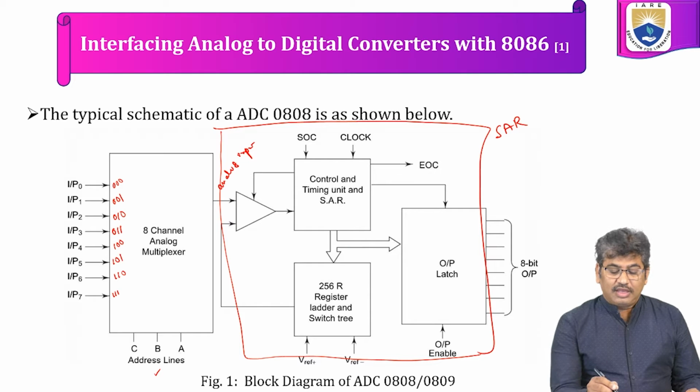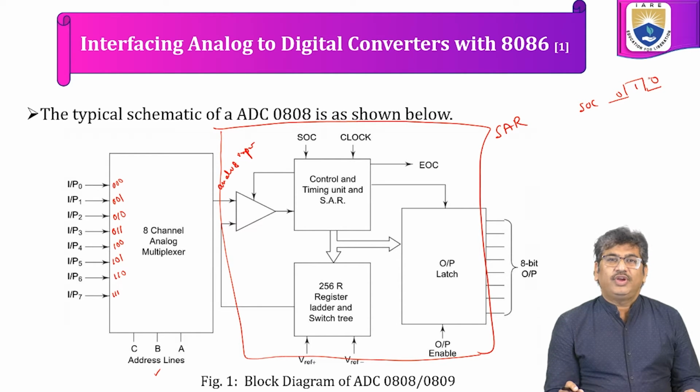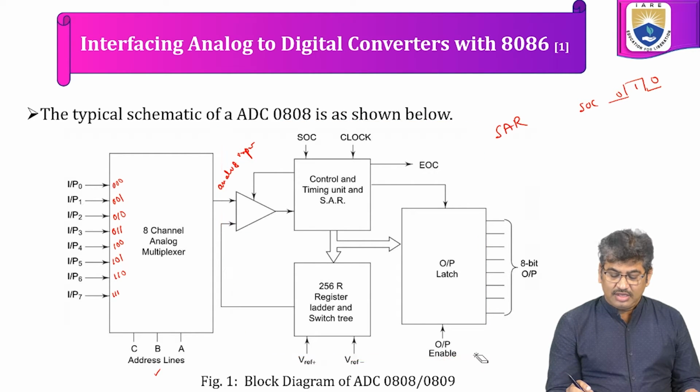To start the conversion, through the microprocessor we have to generate a pulse on the SOC signal. For the SOC signal we pass initially 0, then 1, then again 0. Once we have passed this 0, 1, 0 pulse pattern, the conversion of the signal takes place.